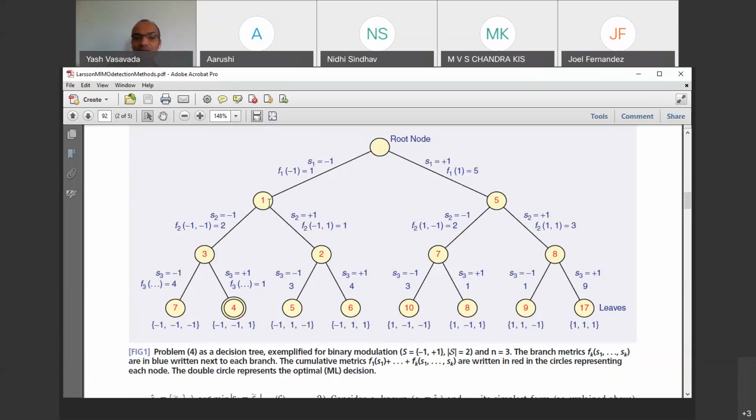It is going in the right direction. If suppose the first decision itself was wrong, then it got lost right away. So at least first decision it made correct. But the second decision it made wrong. It went in the wrong manner. It should have taken this path. But instead of that, it took this path.